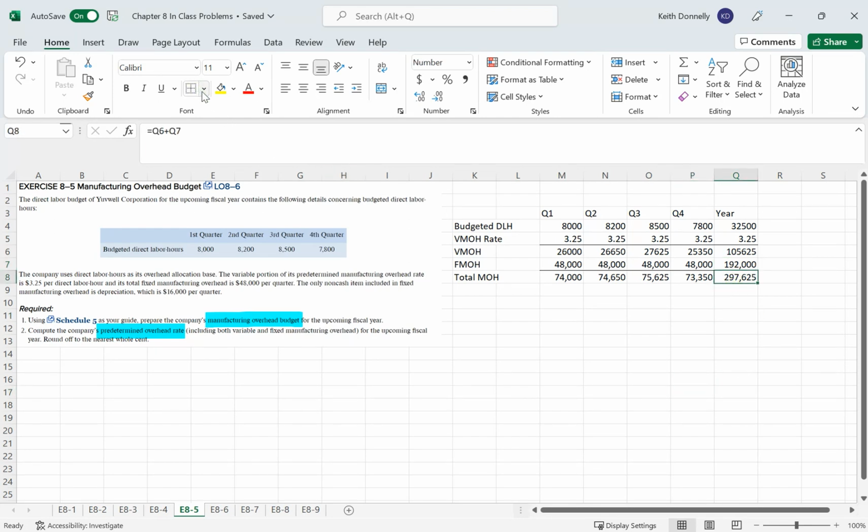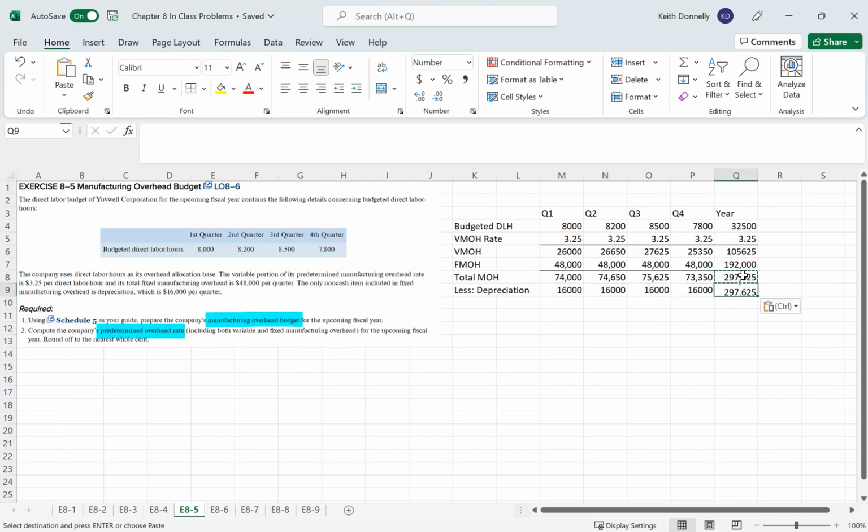And put this back up there, that border, okay. All right, we got our total manufacturing overhead here. We got to back out our depreciation. They're saying what that is, 16,000 per quarter.